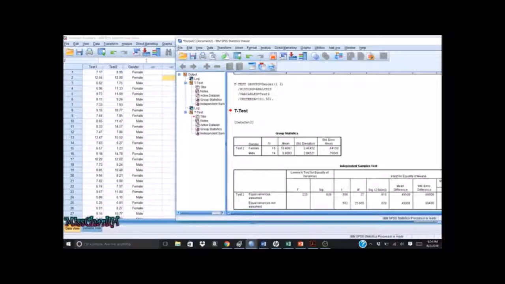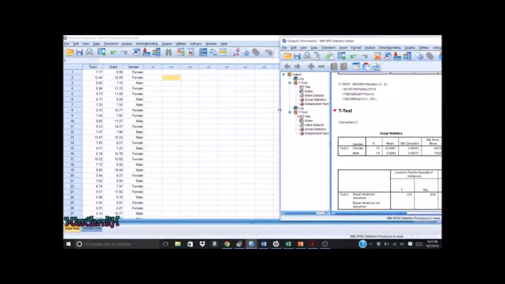Now, if I would like to run a paired samples t-test, that's when I want to see, is there a difference between test 1 and test 2? So I'm going to go into Analyze.